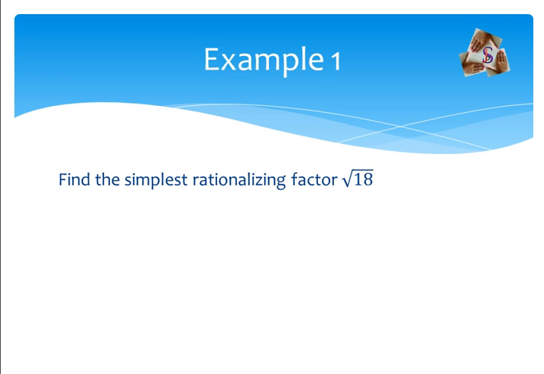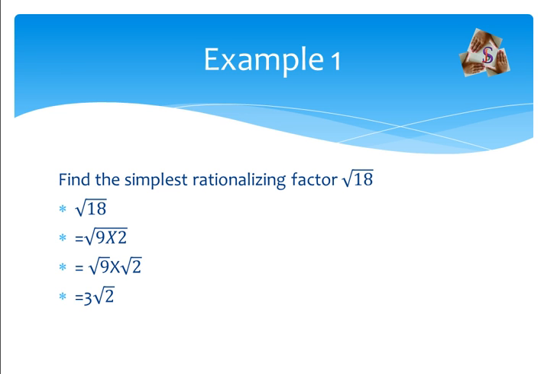Find the simplest rationalizing factor of root 18. So root 18, I can break it into its factors as root 9 into 2. So root of a into b is root a into root b. So it is root 9 into root 2, that is 3 root 2, which is again an irrational number.